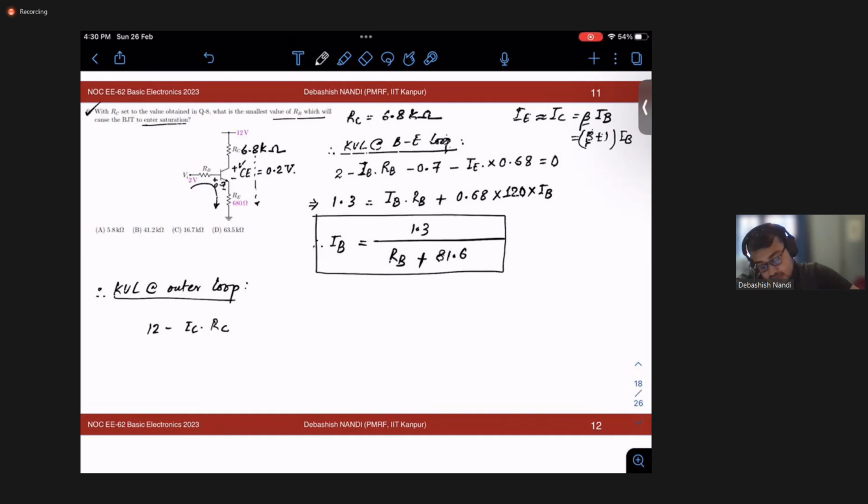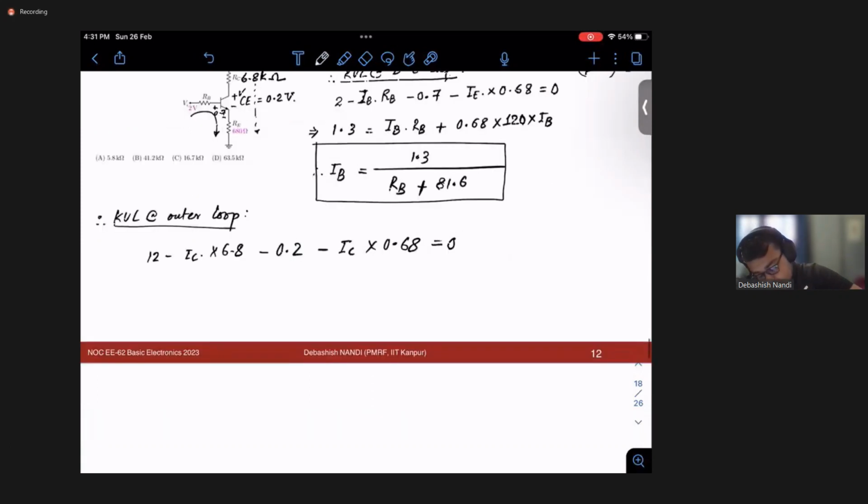RC is what? 6.8, right? Into 6.8 minus VCE is 0.2 minus IE is almost IC into 0.68 equal to 0, right?